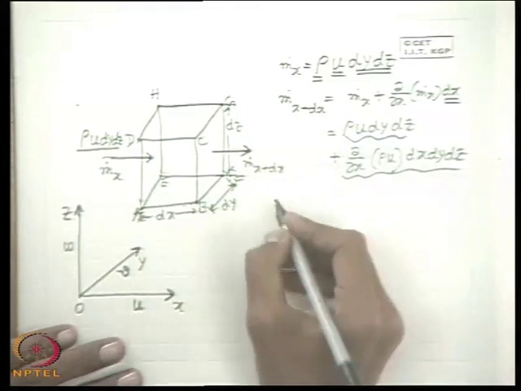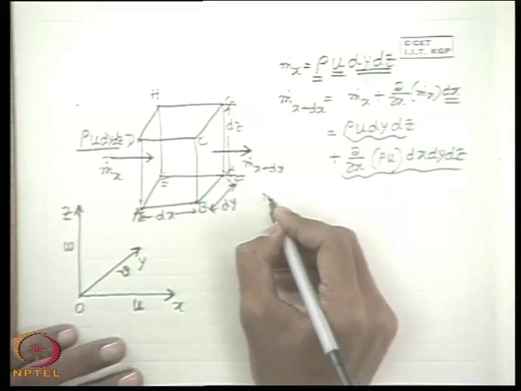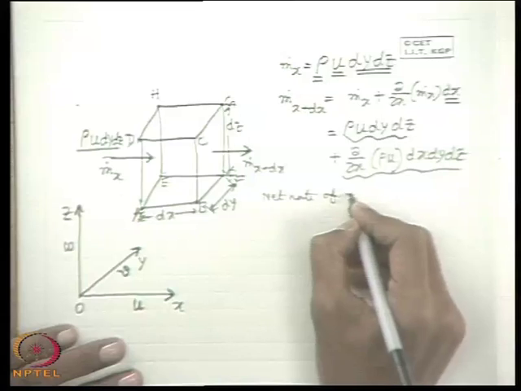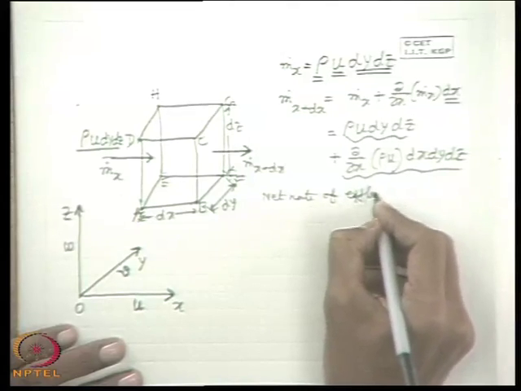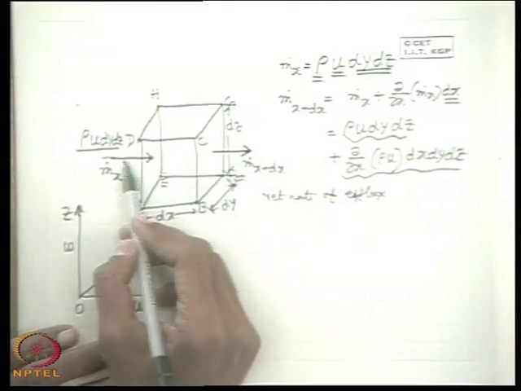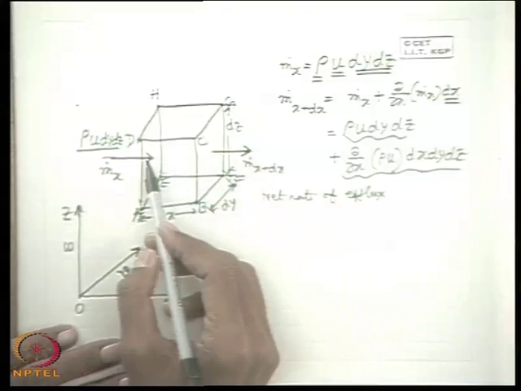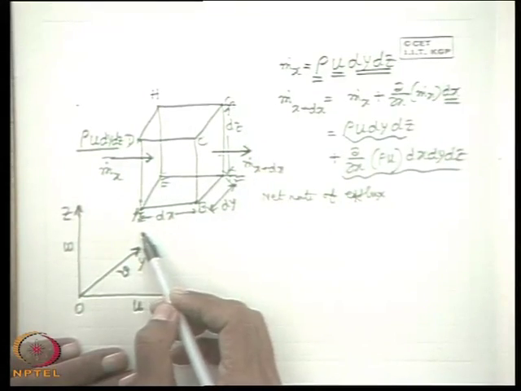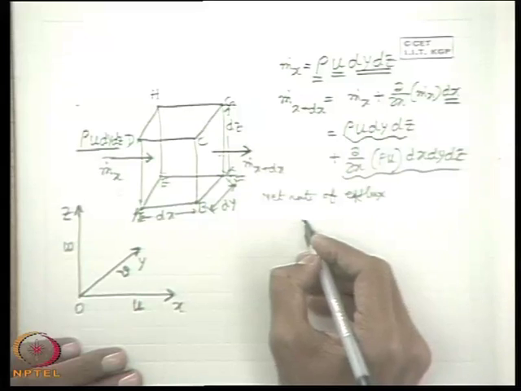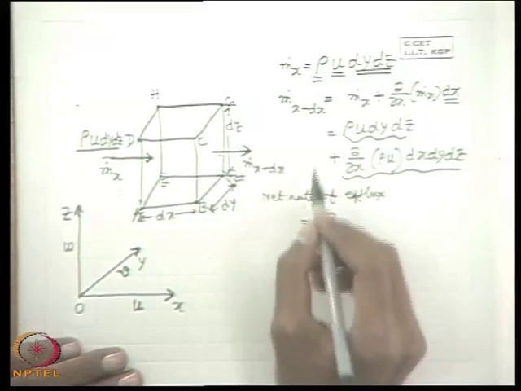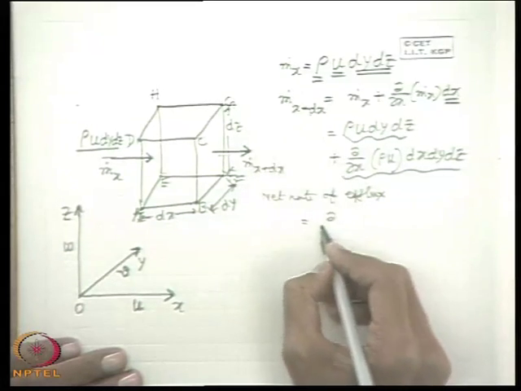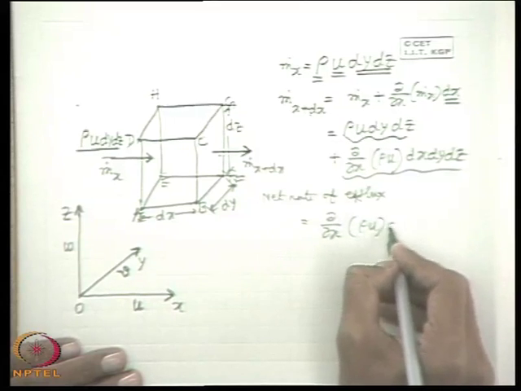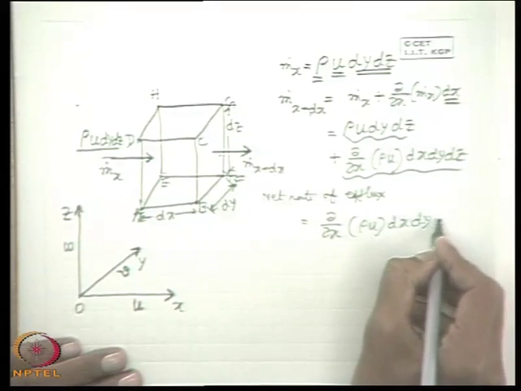Now therefore, the net rate of efflux, because of this flow through the x planes, there are two x planes. X plane means the plane parallel to the yz plane, that means whose normal is x, is equal to del x of rho u dx dy dz.